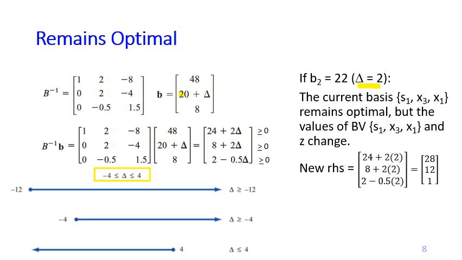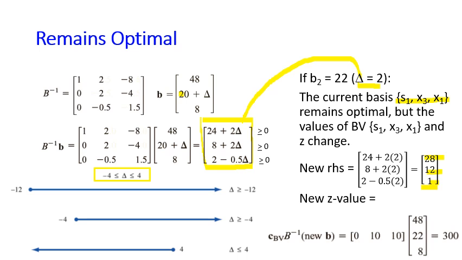So we may compute the new right-hand side, or in other words, the new values for S1, X3, X1 using this formula of B inverse times b. And then we plug in delta equals 2. We get the new values: S1 equals 28, X3 equals 12, X1 equals 1.